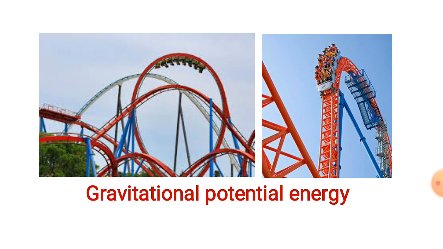So what is gravitational potential energy? Basically, in simple words, if something goes up against the gravity, goes to a higher level above the ground, then we'll say that it has attained gravitational potential energy. It has acted against the gravity and reached a level above the ground.